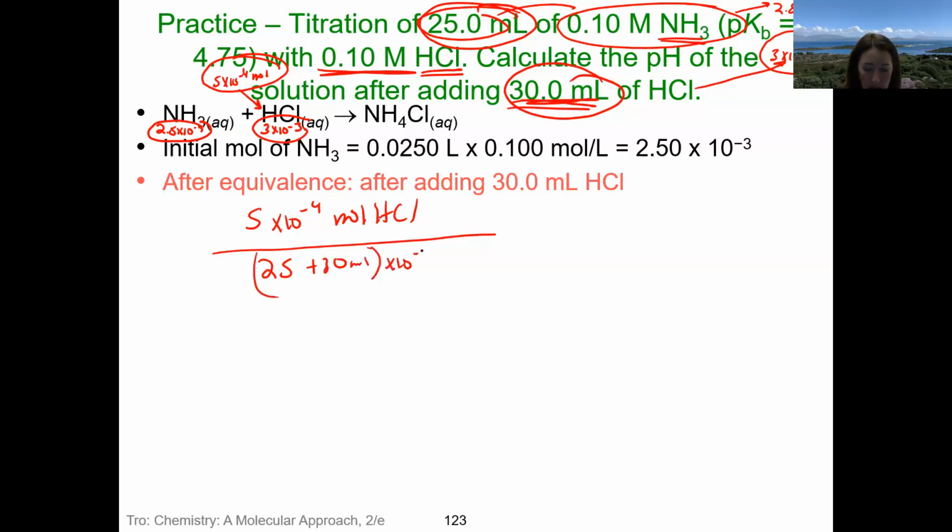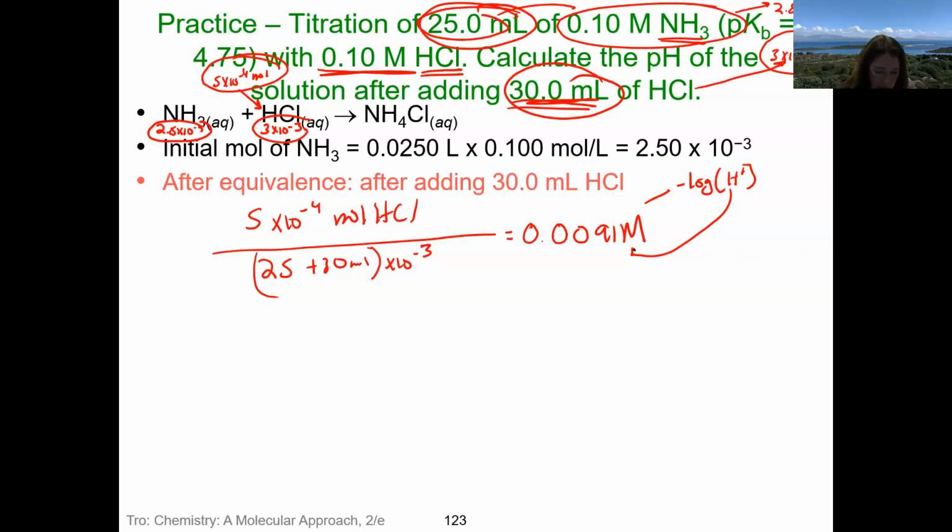And I always just take times 10 to the negative 3, makes my life easier. So that ends up being 0.0091 molar. And then all we have to do is take the negative log of that. And that's our H plus.